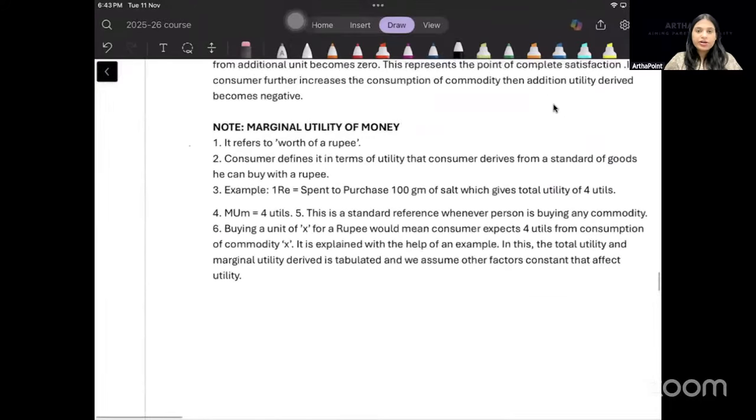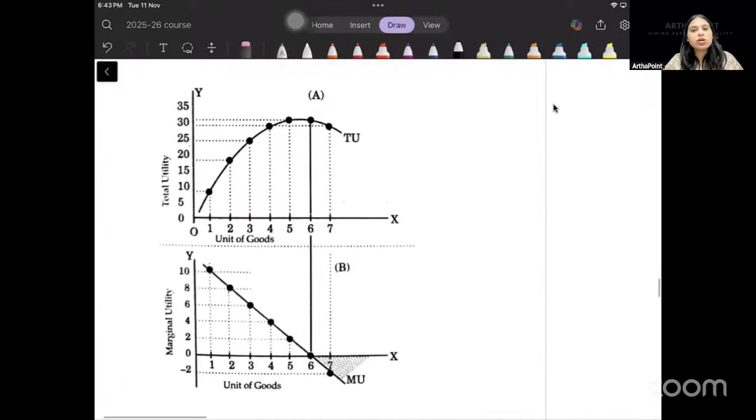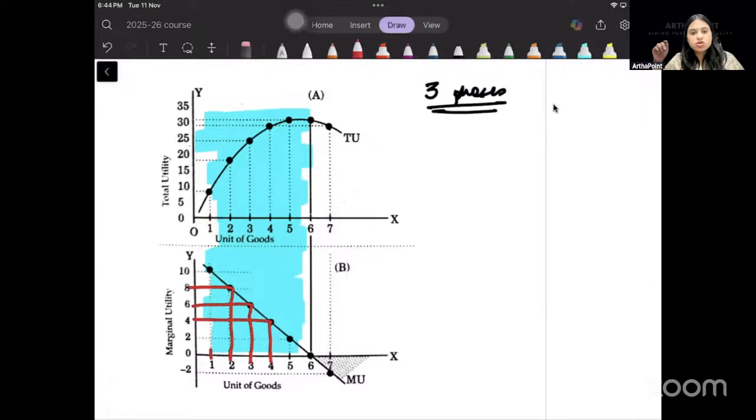ओके, ये लॉ इंपॉर्टेंट है, प्लीज डू दिस लॉ. अब हम इस पे आ जाते हैं, द रिलेशन बिटवीन टोटल यूटिलिटी एंड मार्जिनल यूटिलिटी. एंड इस रिलेशन को वी कैन स्टडी इन 3 phases. बेटा दिस इज फेज 1. देखो फेज 1 में इफ यू नोटिस, ऑल्दो मार्जिनल यूटिलिटी डिक्लाइन तो कर रहा है. पहला यूनिट से मार्जिनल यूटिलिटी 10 है, सेकेंड यूनिट से 8 है, थर्ड से 6 है, फोर्थ से 4 है. सो मार्जिनल यूटिलिटी इज डिक्लाइनिंग but positive है from first 10, from second 8, third 6, so it's positive.